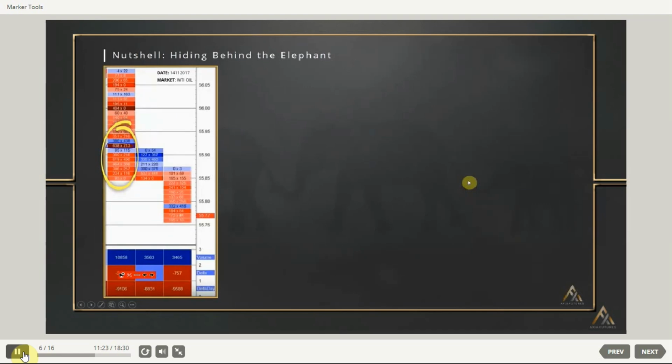Ultimately, again, what we can see, this was taken from the 14th of November. Probably not the greatest example, and I'll explain to you why. What had happened was, and again, this is why relative volume is so important, and why focusing on the delta is so important.